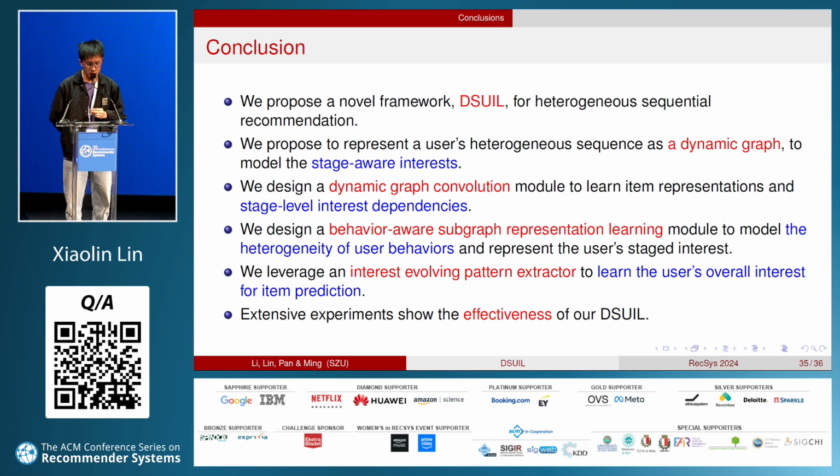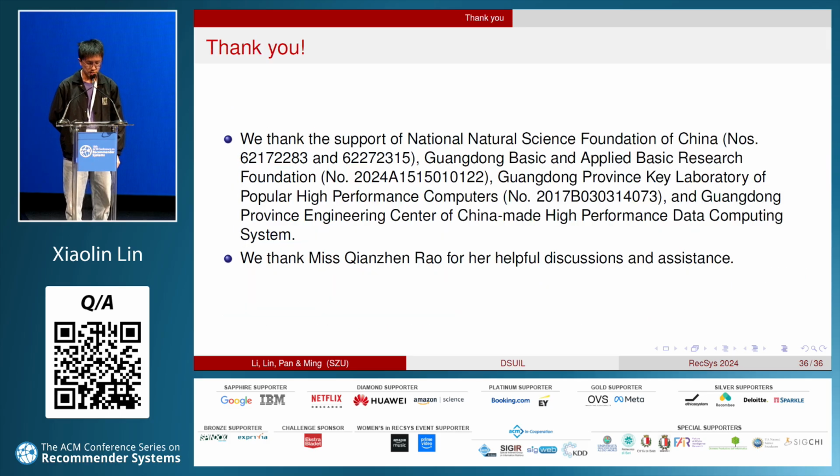We design a behavior-aware subgraph representation learning module to model the heterogeneity of user behavior and represent the user's stage interest. We leverage the interest evolving pattern extractor to learn the user's overall interest for item prediction. Extensive experiments showed the effectiveness of our method. That's all. Thank you.